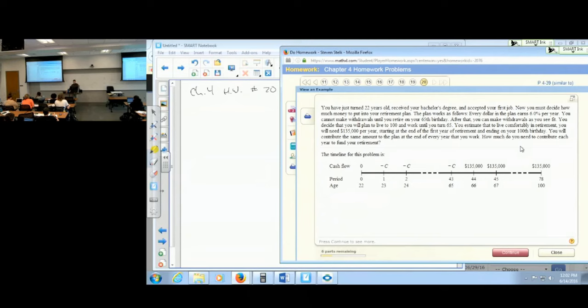You plan to live to 100 and work until you turn 65. You estimate to live comfortably in retirement will need $135,000 per year, starting at the end of the first year of retirement and ending on your 100th birthday. You contribute the same amount to the plan at the end of every year that you work. How much do you need to contribute each year for retirement?